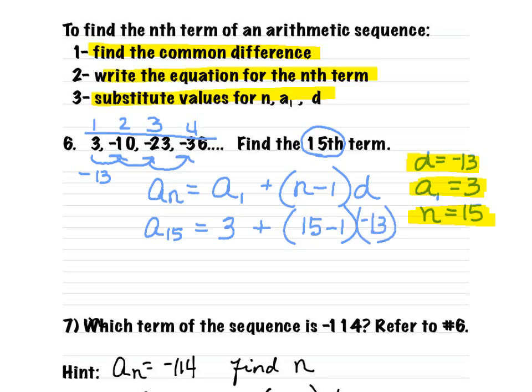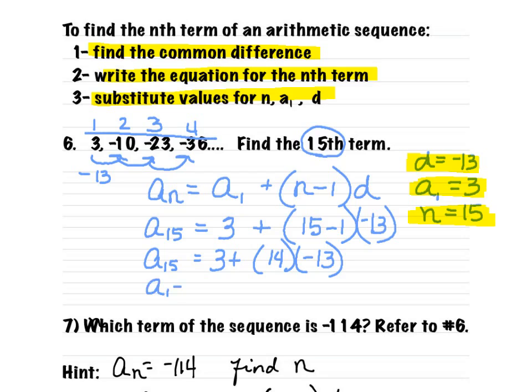Okay, we must always follow order of operations. So the 15th term equals 3 plus 15 minus 1 is 14 times negative 13. Okay, let's multiply now.